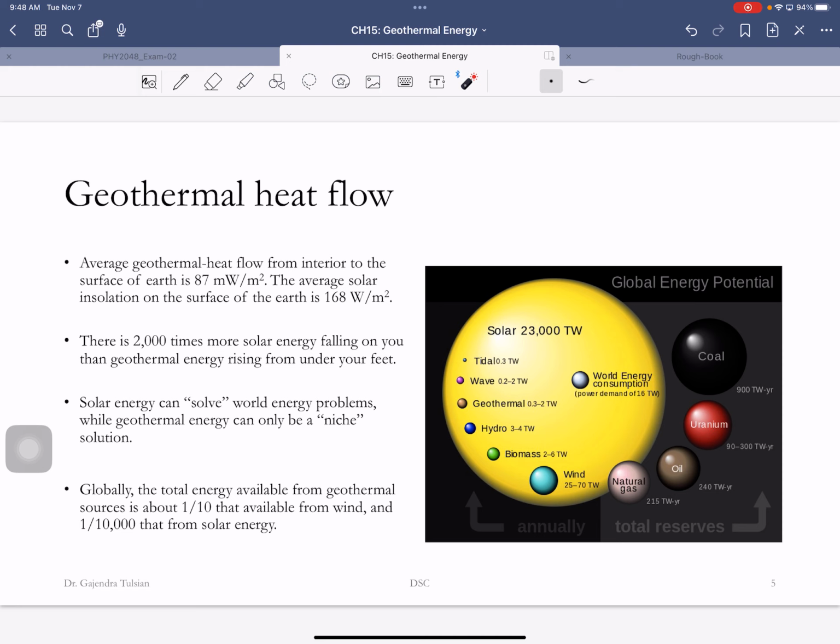This picture tells you a lot. It's 16,000 Hoover dams running 24/7 that's needed to run the world. You see there's plenty of sunlight falling, you just have to harness that.